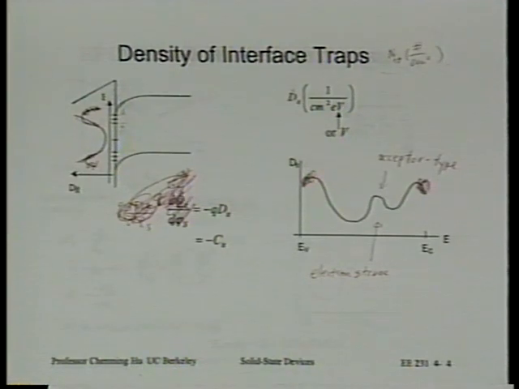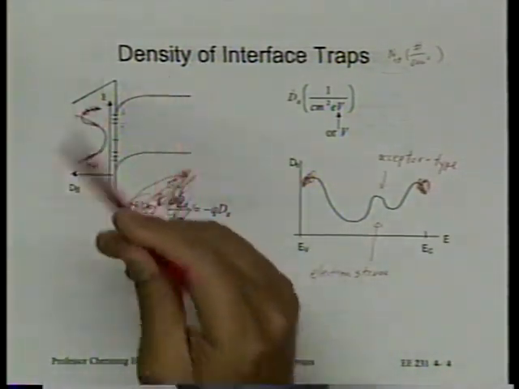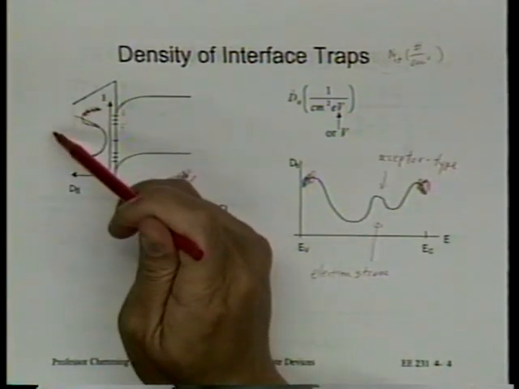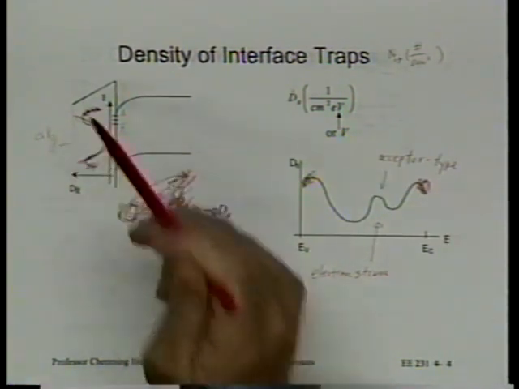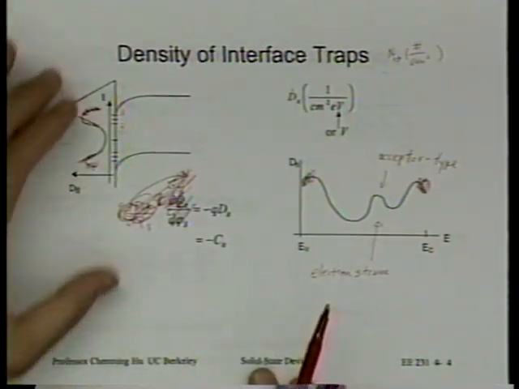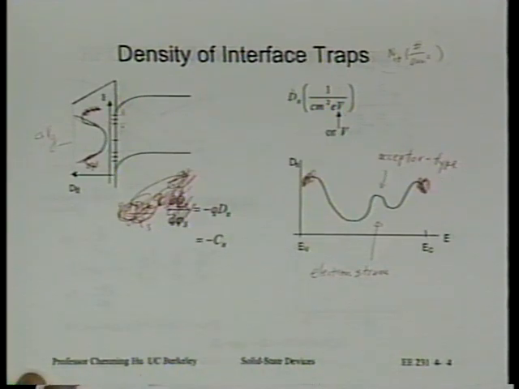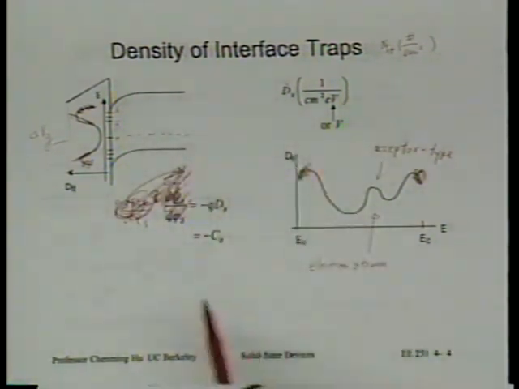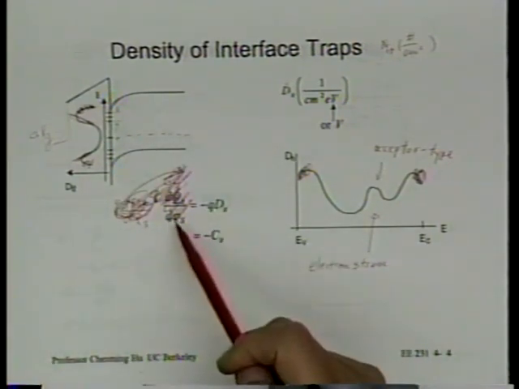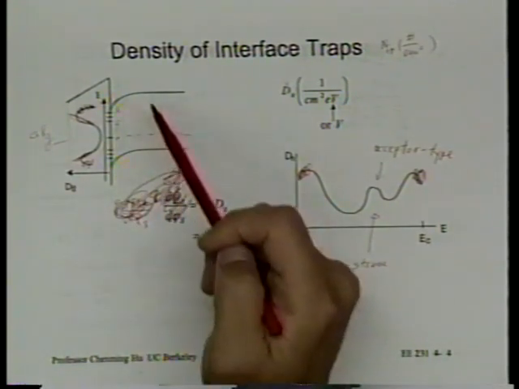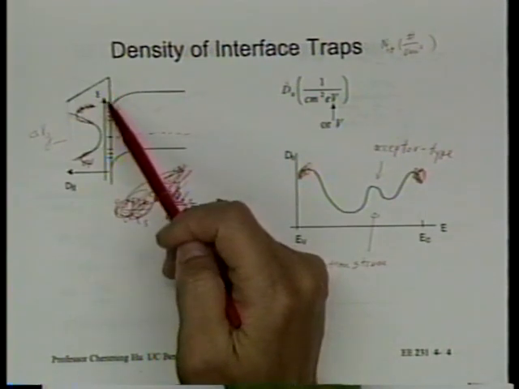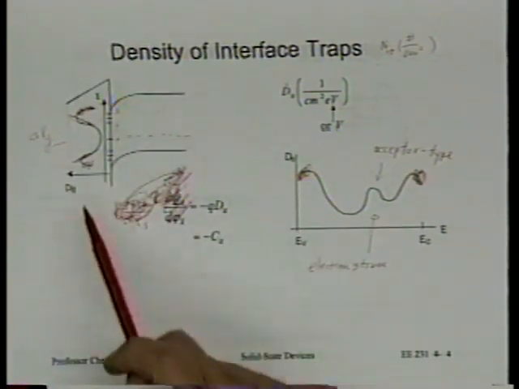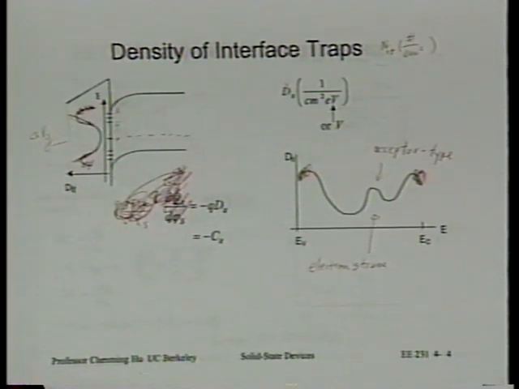All right. Now, if I apply a VG, some delta VG, that's going to modulate this band gap. Is that right? Specifically, it will modulate the location of the Fermi level, or modulate phi s. In other words, the band will bend more or bend less. As phi s is modulated, can you see that QIT will change?